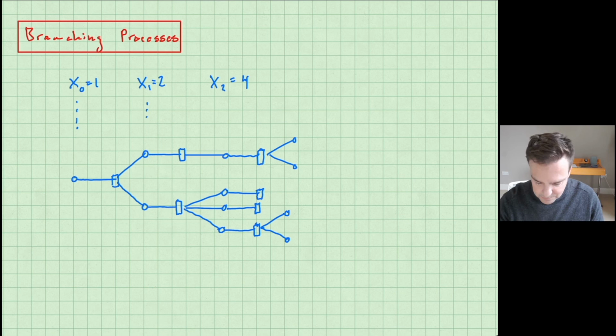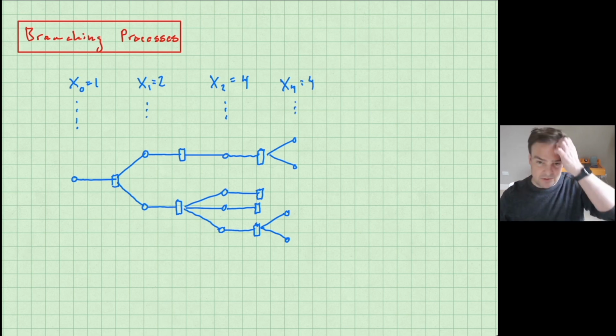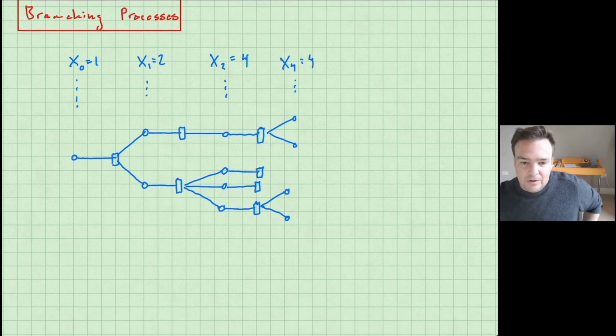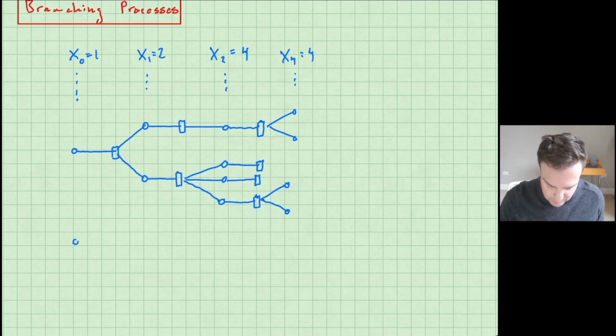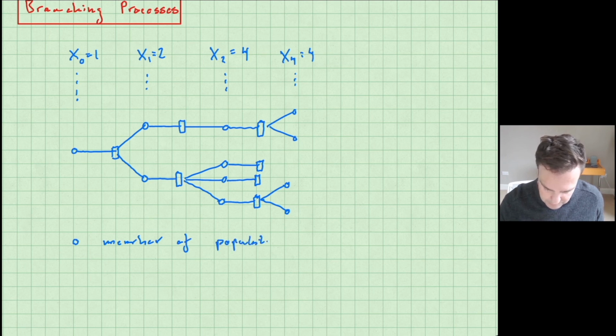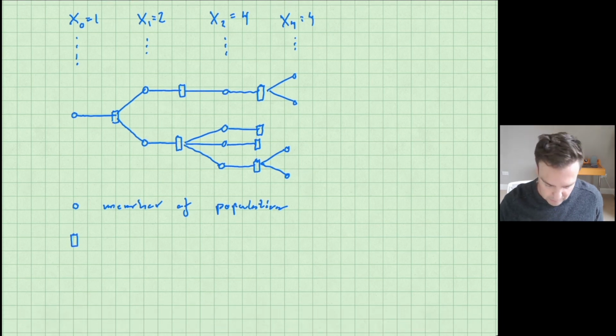And so here we've got x4 is also equal to 4. So the population is the same, even though there were some changes. This is the idea. These circles are members of a population, and the little rectangles are called branching events.